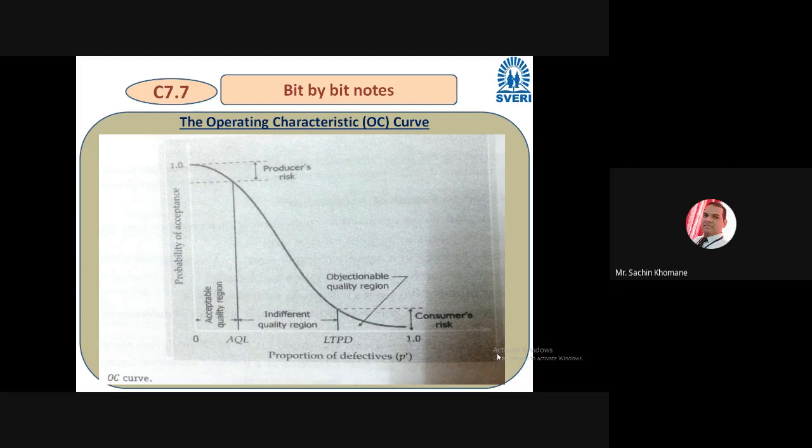It is a probability based graph. We are going to discuss all the terminologies in this OC curve. If you draw the producer's curve, then you will understand all the terminologies. So draw and write the terminologies. You can see the producer risk.